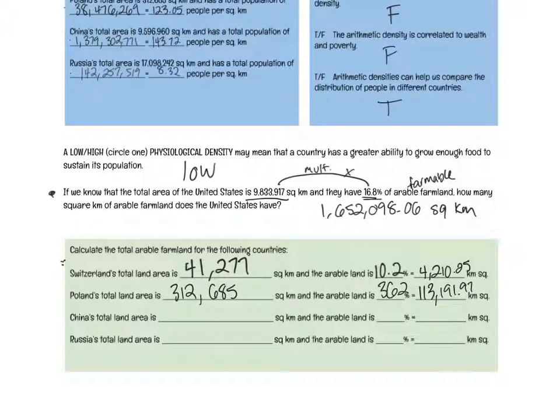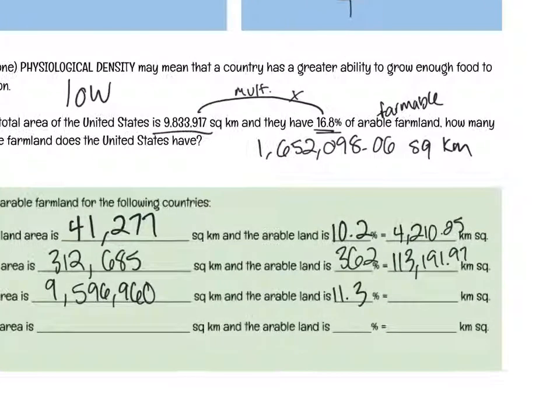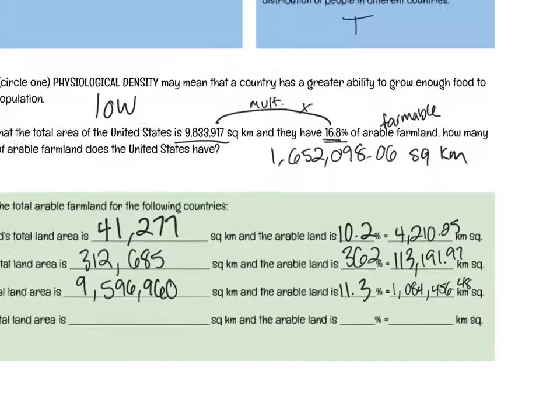China's total was 9,596,960, and their percentage was 11.3, which makes their square kilometers 1,084,456.48.